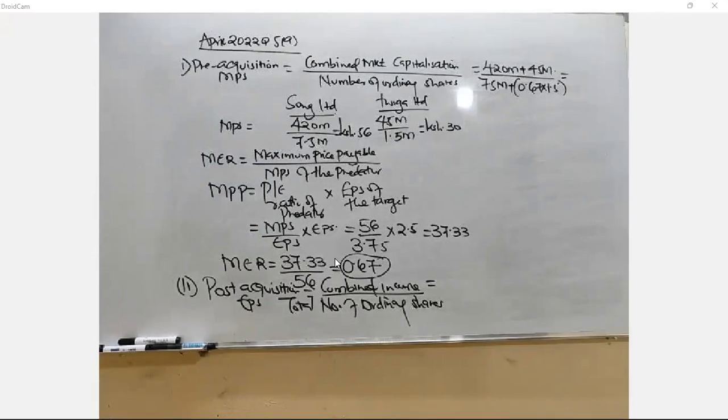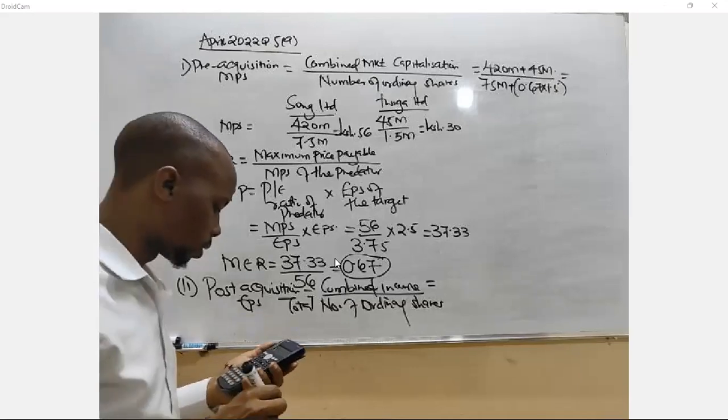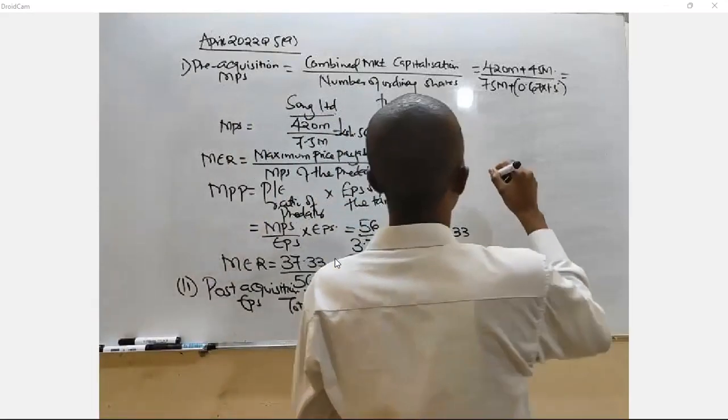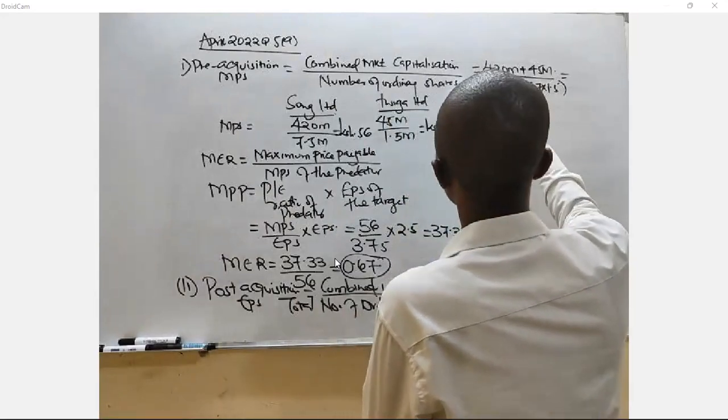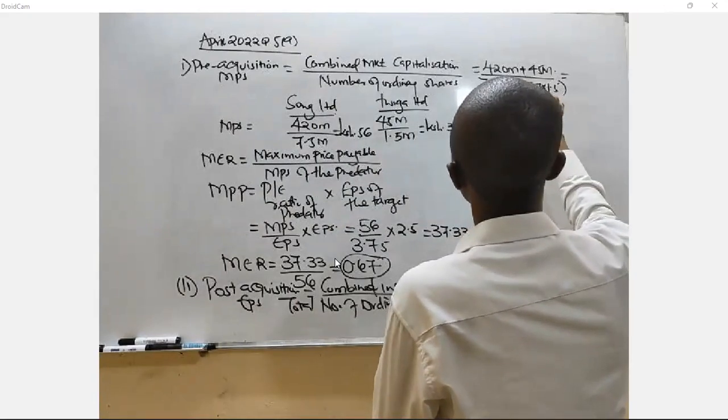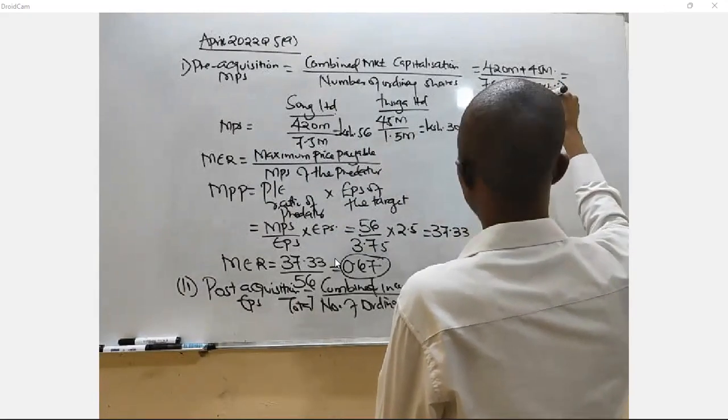We divide 465 by my answer. We should be getting something closer to the pre-acquisition market price per share of Kenya shillings 54.67.